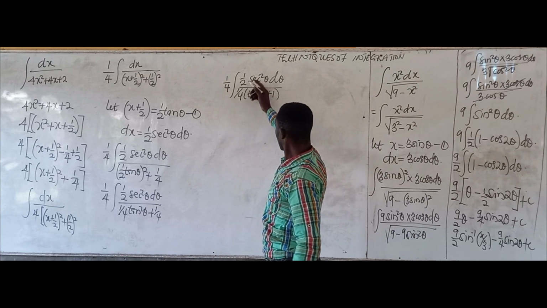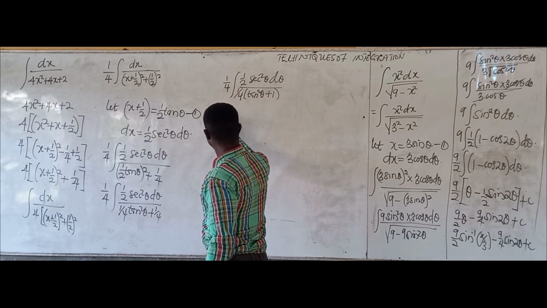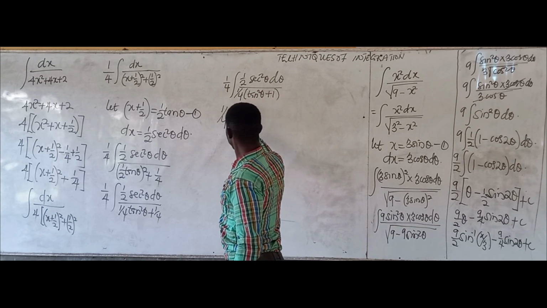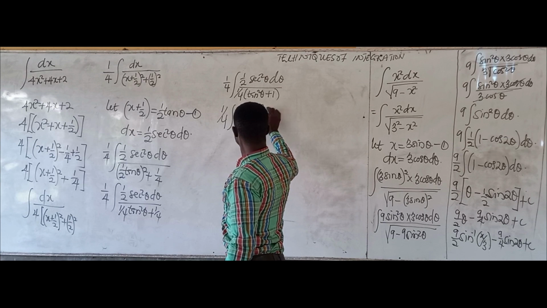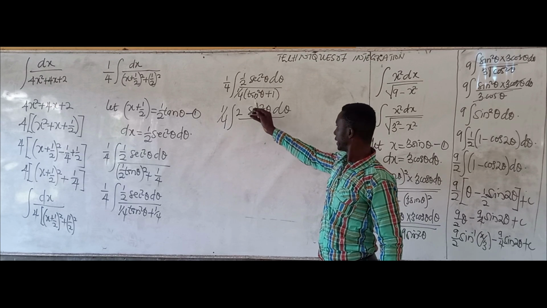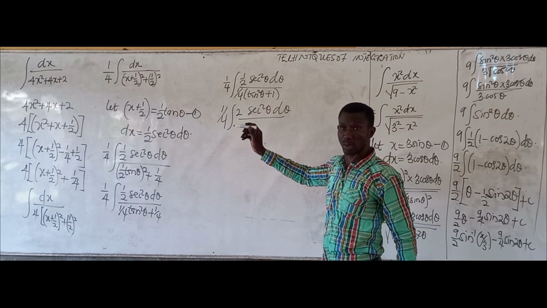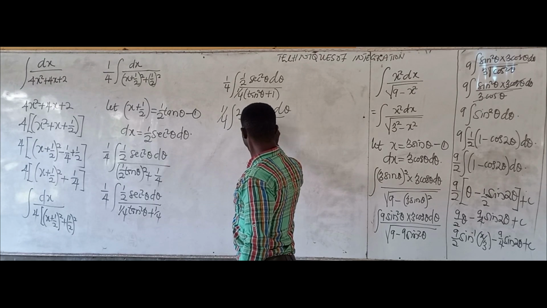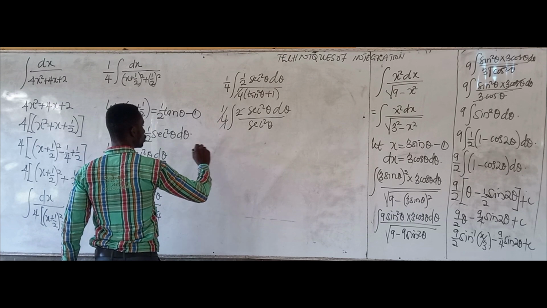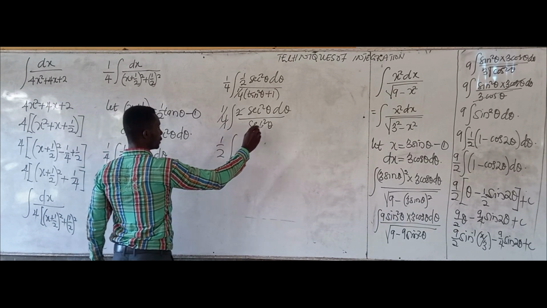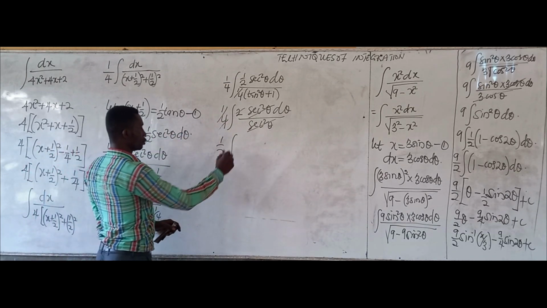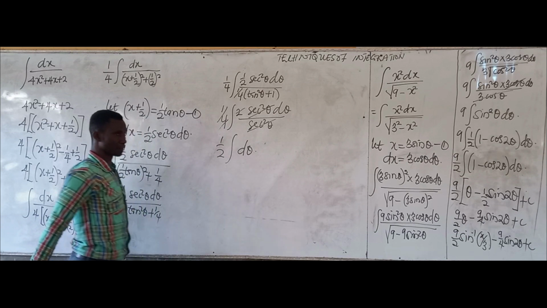You see that half divided by 1 over 4 gives me 2. 2 sec squared theta d theta, all divided by tan squared theta plus 1, which gives us sec squared theta. So the sec squared theta cancels, and we shall have half integral d theta.